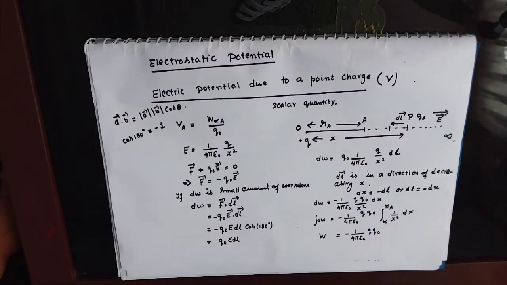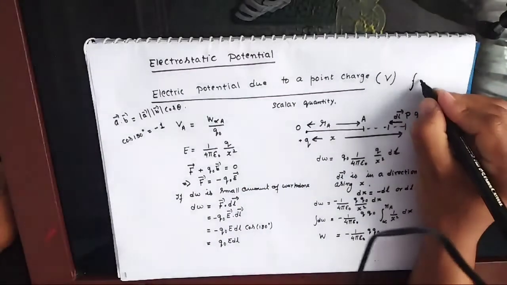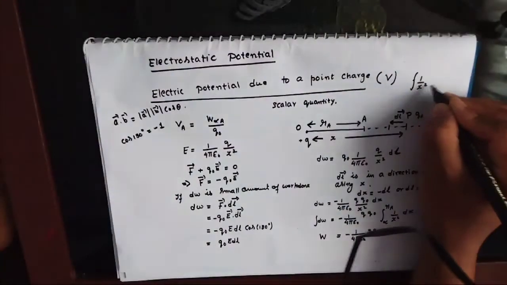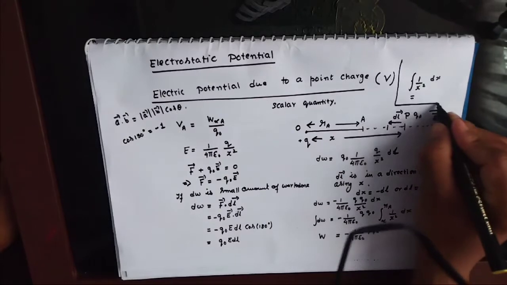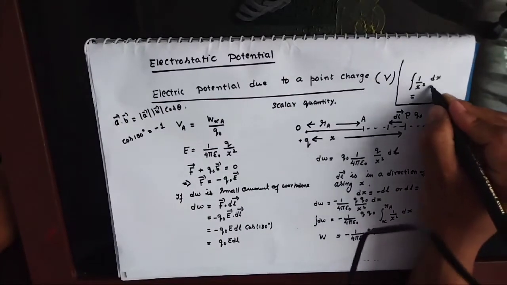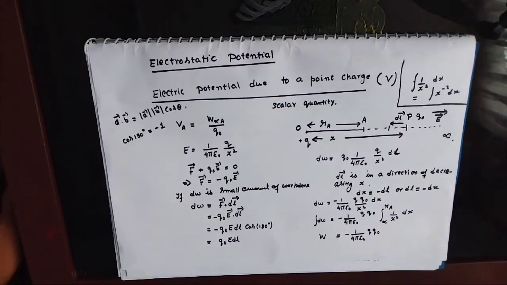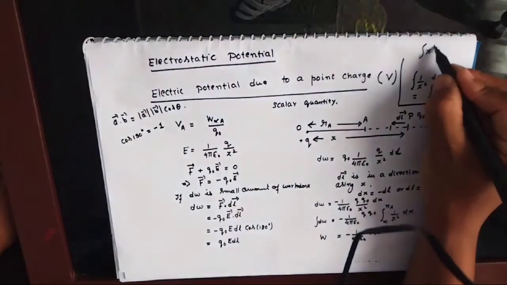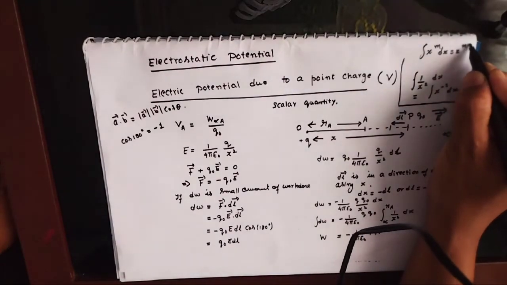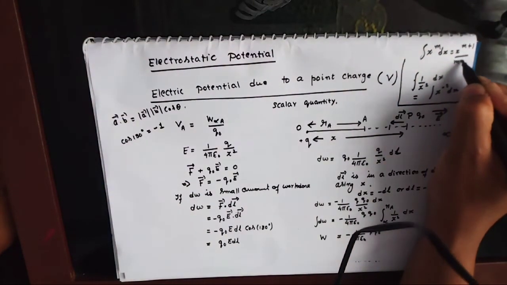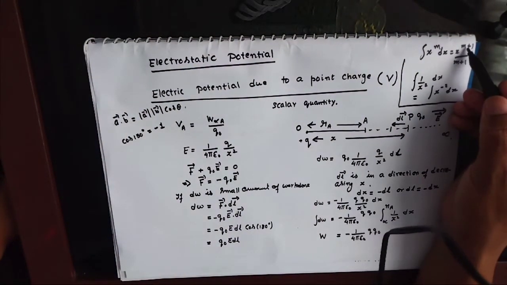If you integrate 1 by x square dx, this can be written as integration of x to the power minus 2 dx. So apply the formula: integral of x^m dx is x^(m+1) divided by (m+1). Here m is minus 2.